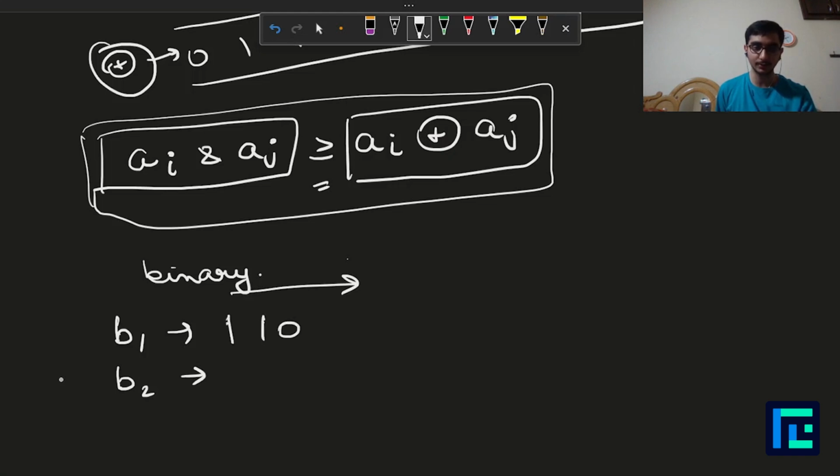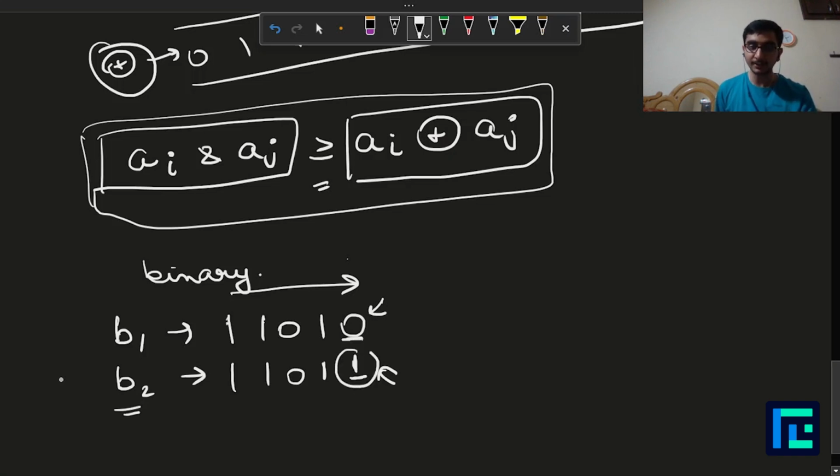So let's say this was 1101, this was 1101. Now at the first position where they differ, so let's say this was 0 and this was 1, if this is the first position that they differ, then the number with 1 at that position will always be greater. This is another property of binary numbers.